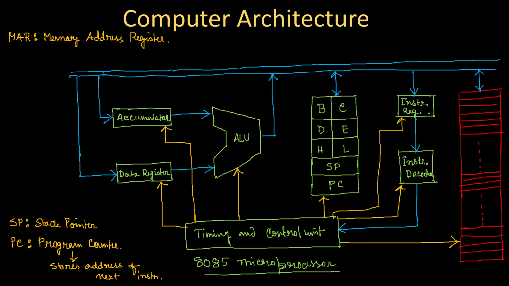After fetching this instruction, the processor has to understand the meaning of the instruction, what has to be done, because the instruction can be for an addition, a subtraction, copying from one place to another, anything. Actually all the different types of operations that we do in a computer system are basically some instruction.